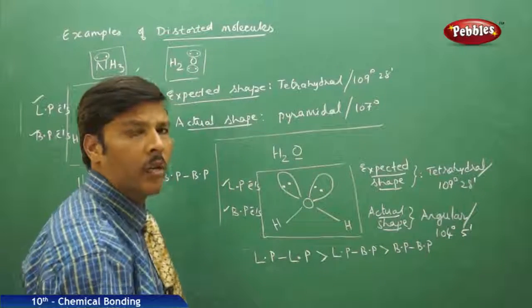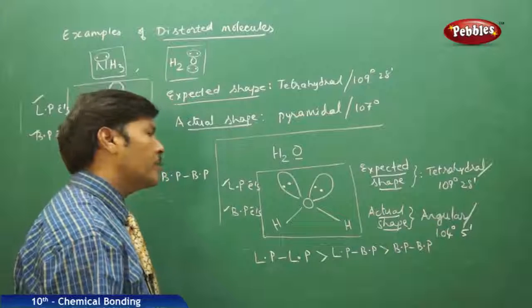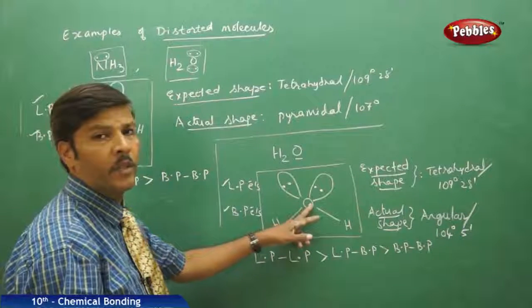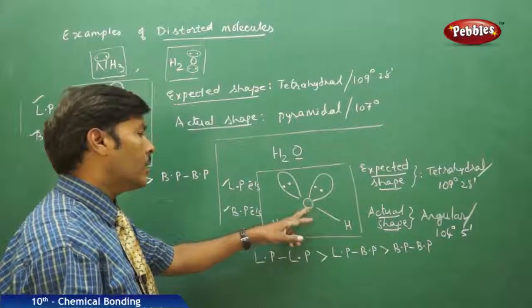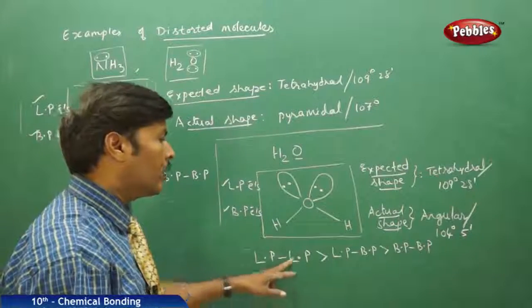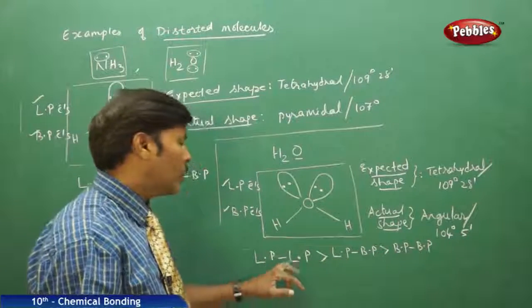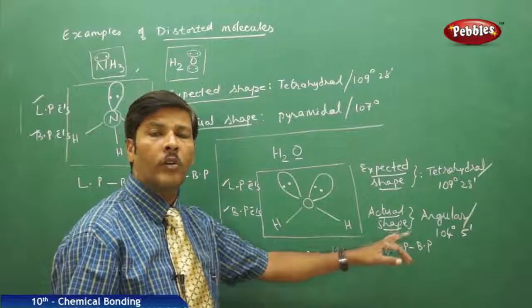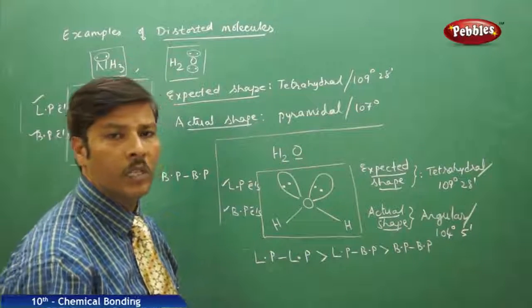This decrease in the bond angle and change in the shape of the water molecule is based on VSEPR theory. According to VSEPR theory, the central atom oxygen in the water molecule is undergoing all three types of repulsions: lone pair to lone pair, lone pair to bond pair, and bond pair to bond pair. That is why the molecule has been distorted.